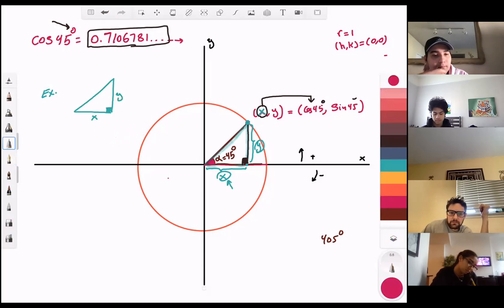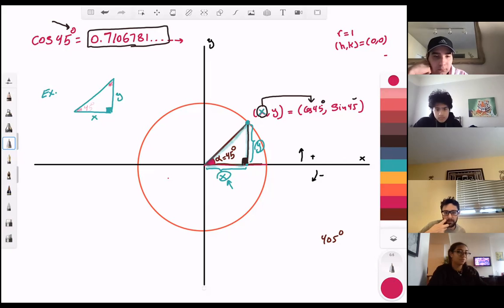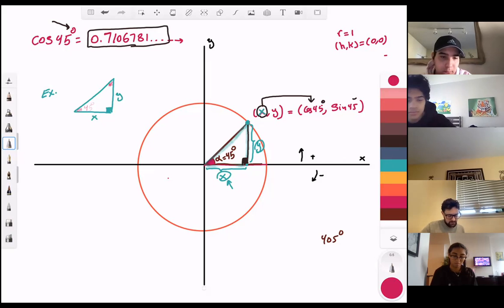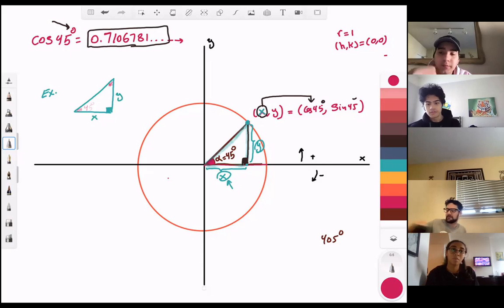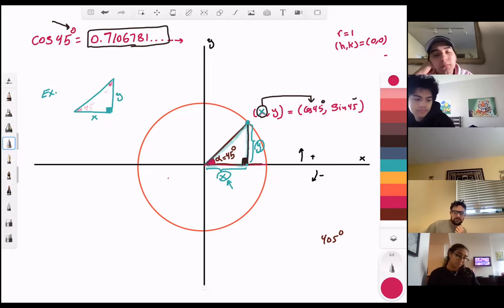We know this is 45. If this angle is 45, what is the measure of this angle? Jake, what is the angle of this? 45. Yeah. So this is 45 as well.